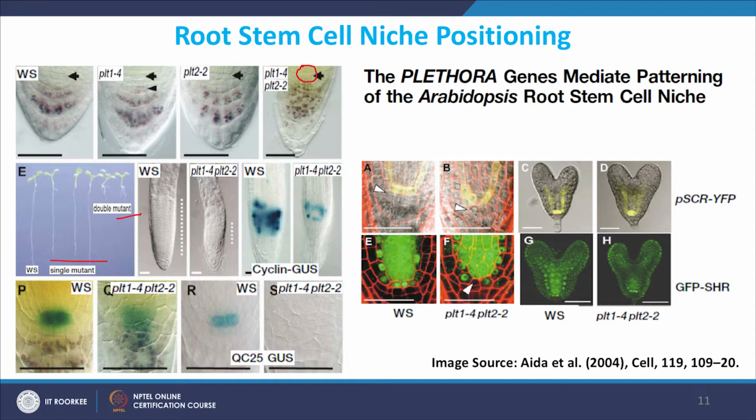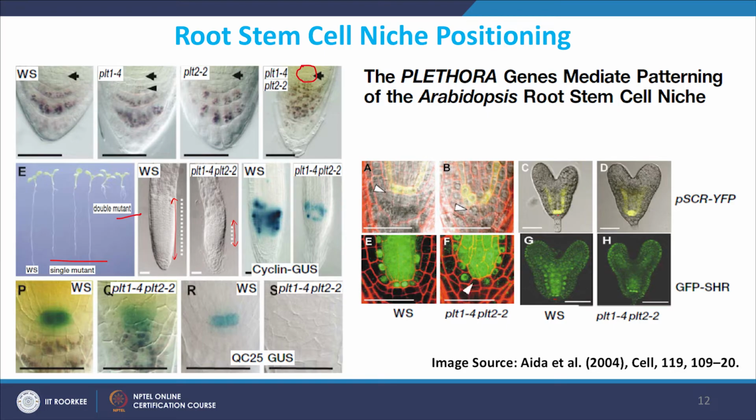Stem cells are losing their stem cell property, and this is also visible from here. If you look here, this is the plethora 1 and 2 double mutant, this is wild type, and this is basically the size of the meristem. So, in wild type, this is the meristem size, and this meristem size is significantly reduced in the double mutant.